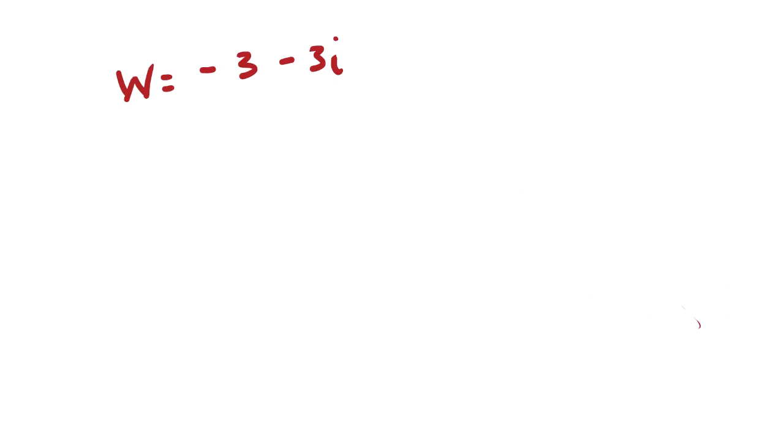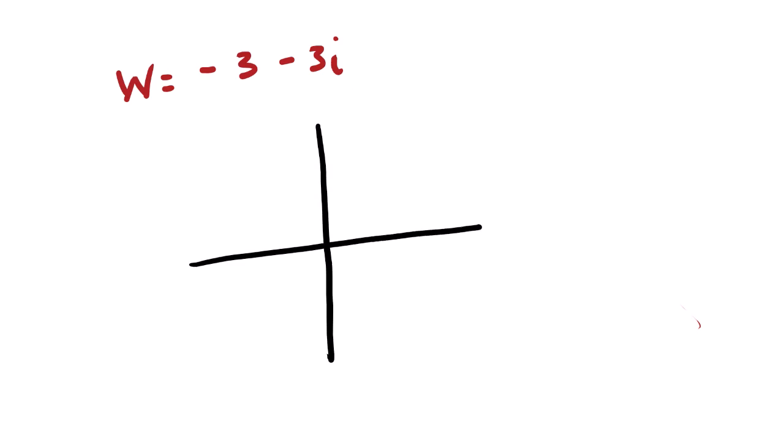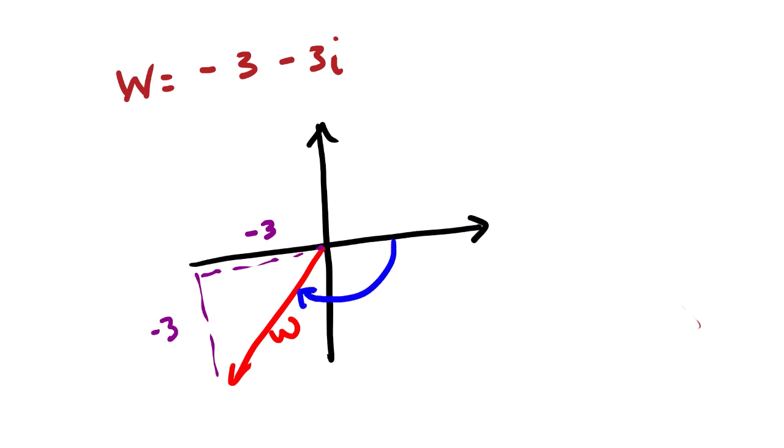Let's go ahead and find the argument of another complex number, W. We can see that it's negative, it's left down, so our complex number is here, with -3 and -3. We are looking for this angle.